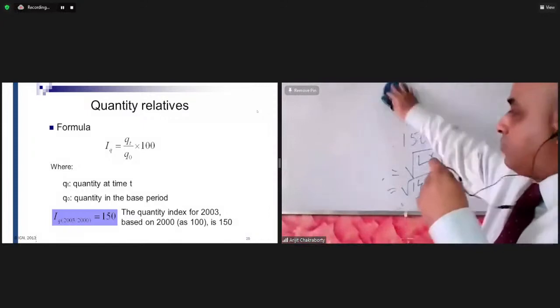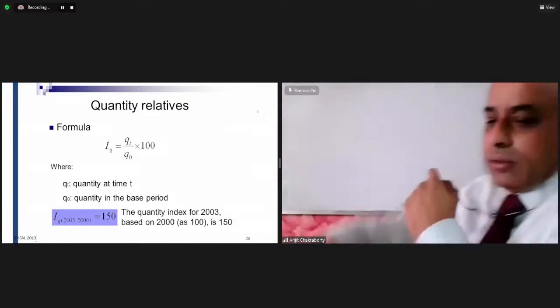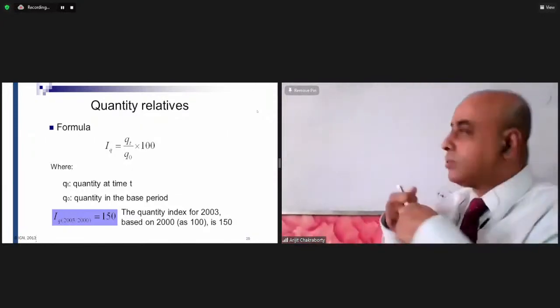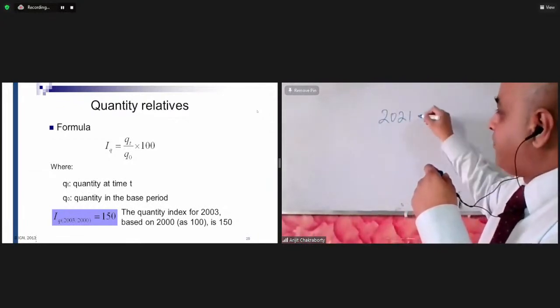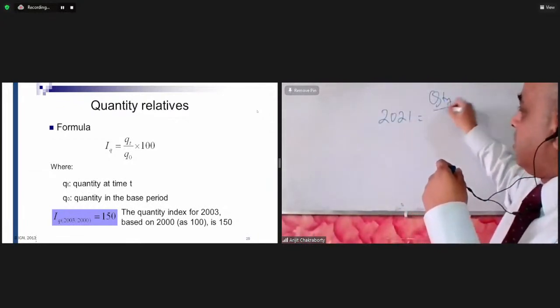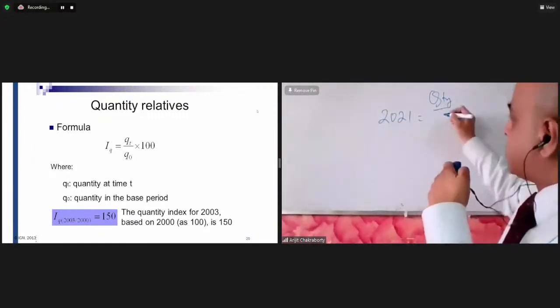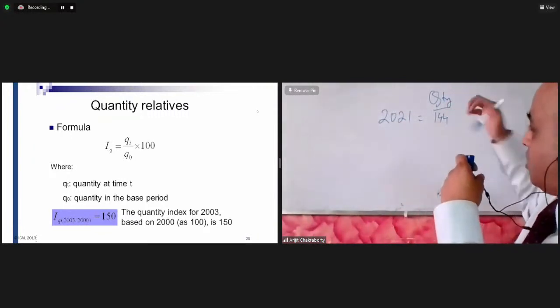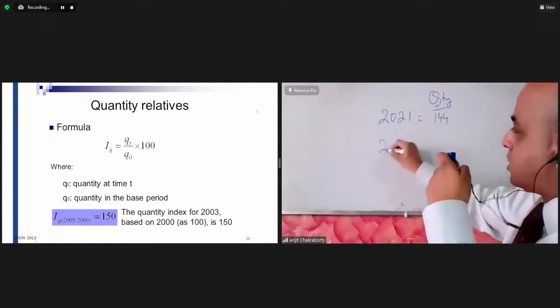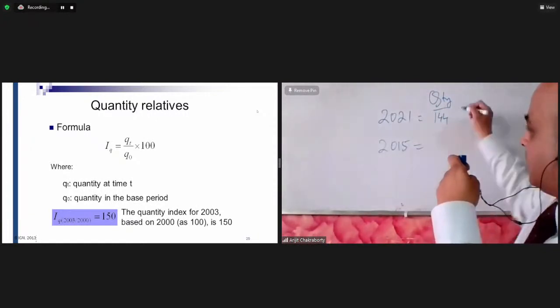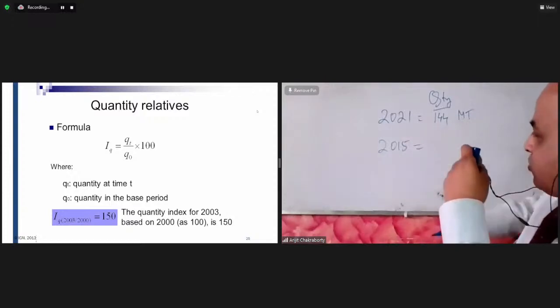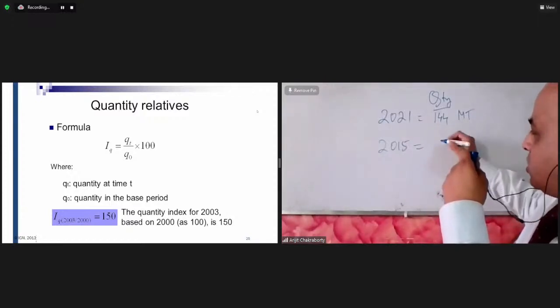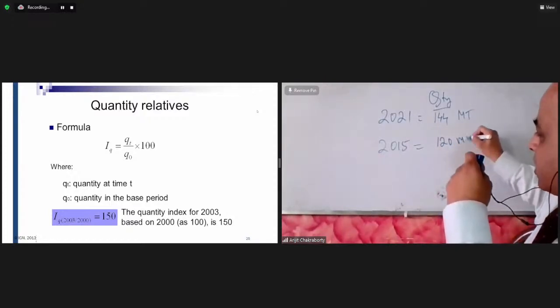Let us take another example and try to find the quantity relative. Say in 2021, a particular quantity used for production is 144 metric tons, and in 2015, which is the base year, the quantity used was 120 metric tons.